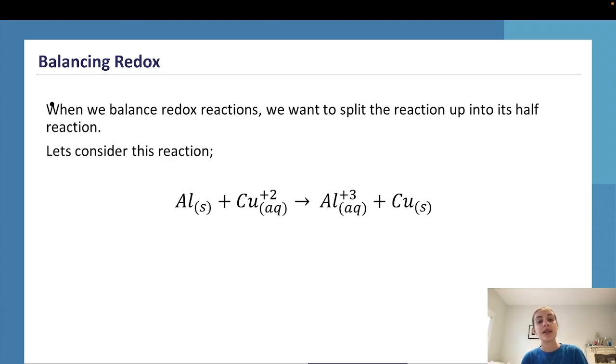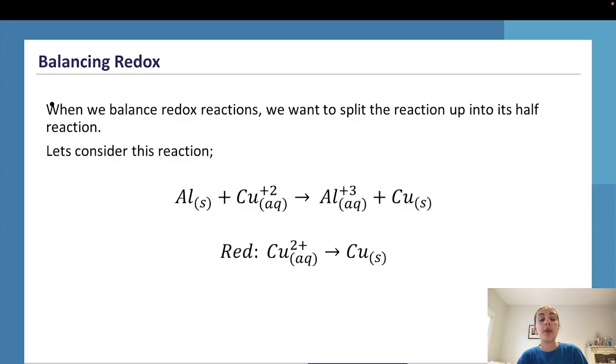Then we can balance them and then combine the reactions back together to simplify the process of balancing it. Balancing of these reactions doesn't work very well when you try to just balance them as a whole reaction.